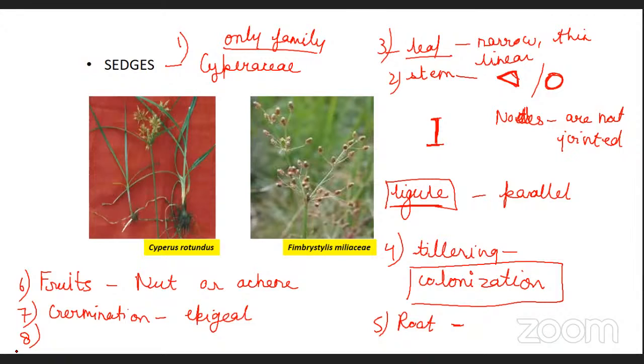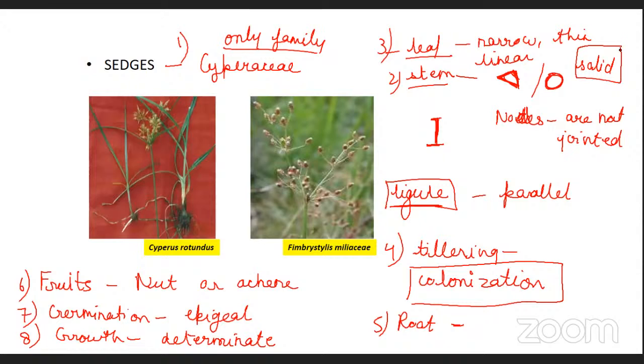And last we discussed the growth. In the growth also they have determinate growth. Okay, anything I have missed out? I have discussed the family, the stem, and the structure. We have seen that the triangular stems are usually there, but over here they are not solid.